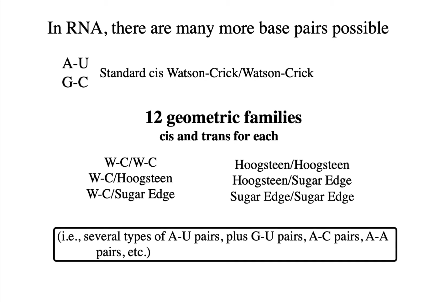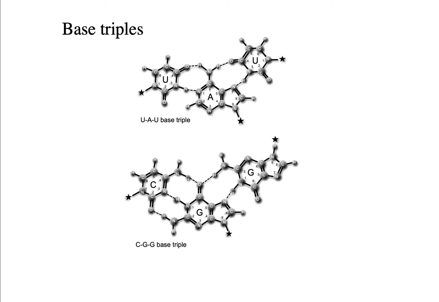So there are quite a few different possibilities of how the pairs can go together. And also there are non-standard pairs, so it's not just an AU and a GC pair, but you can have AC pairs, GU pairs, and other types of pairs also. And in addition to base pairs, there are base triples in RNA.